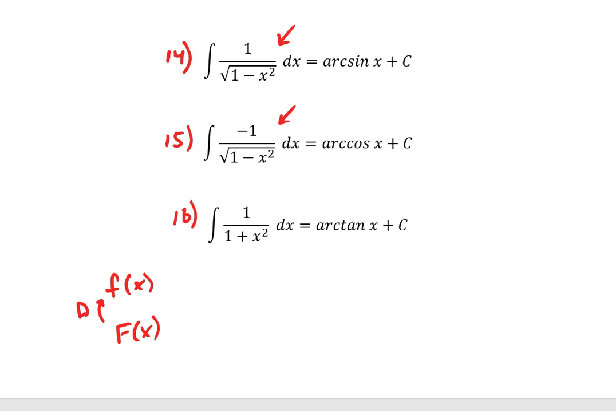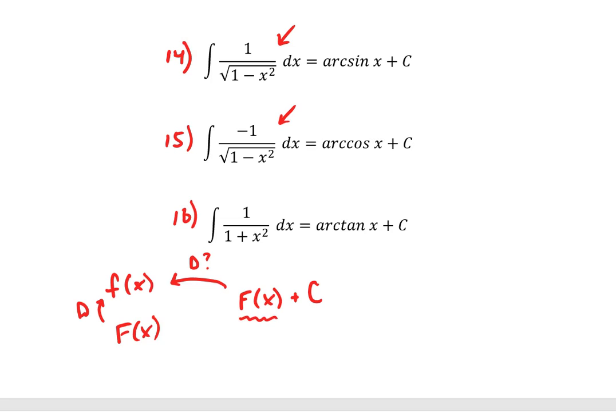Well, the thing is, this is just one possible function that would make this true. If I were to look at capital F of x plus any constant whatsoever, if I were to differentiate this thing, would I get little f of x? Well, I know that when I differentiate the capital F of x, that gets me to little f, because we already knew this part, plus what I get when I take the derivative of a constant.